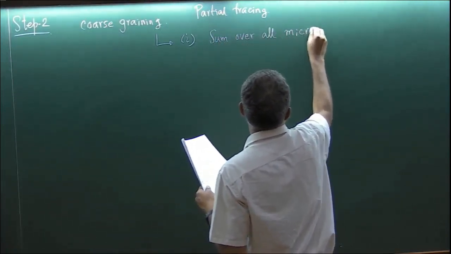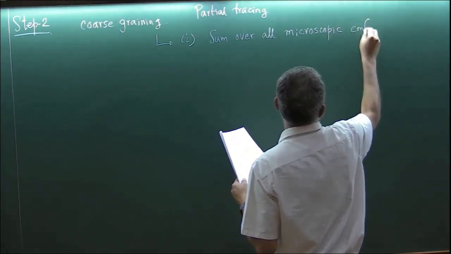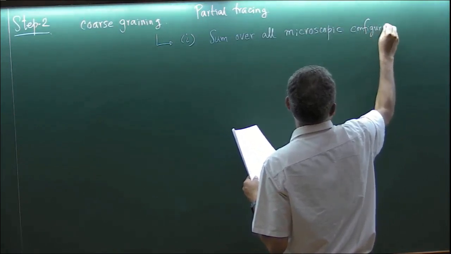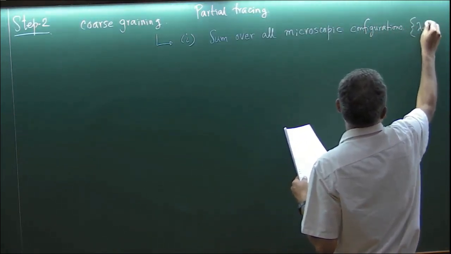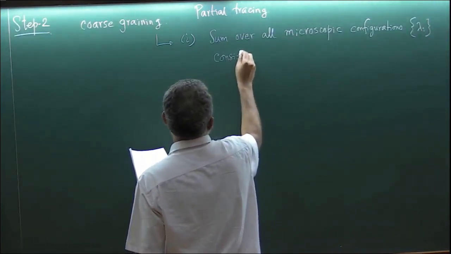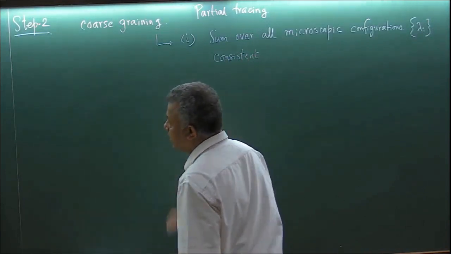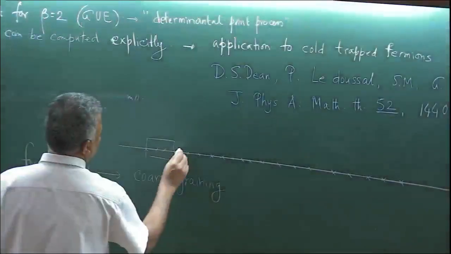This is what statistical mechanics teaches you: sum over all microscopic configurations of particle positions consistent with it. So you first fix the density. So you have these charges, and imagine that I make little boxes here, like this.